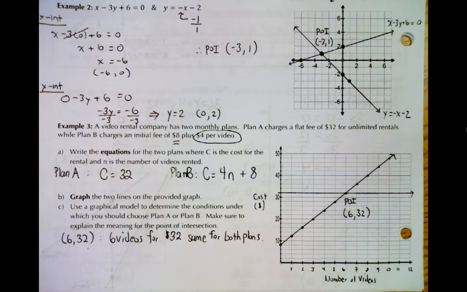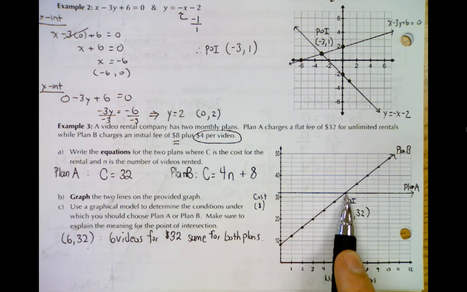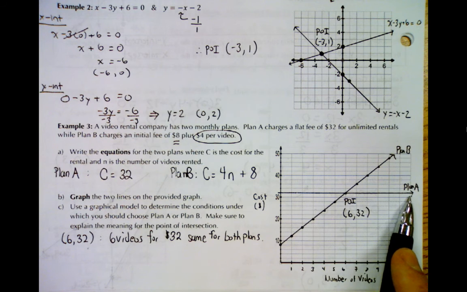Well, when we're looking to save money, we would look for which one's cheaper. Which one's cheaper would be which one's lower on the graph. So if this is plan B and this is plan A, plan B is lower until 6 videos. And then plan A is lower because plan A is always $32.